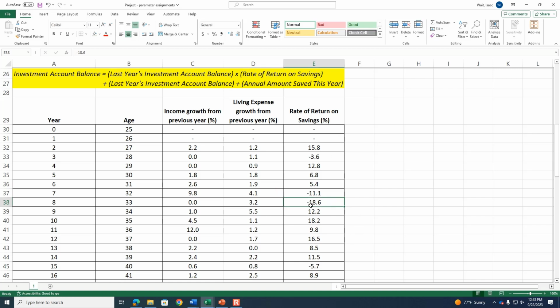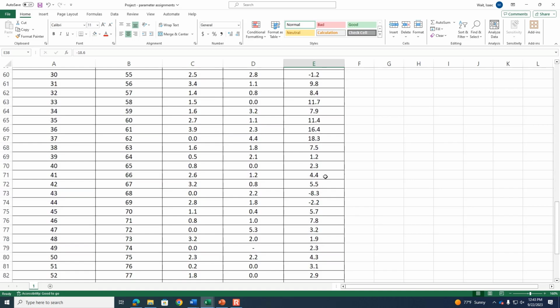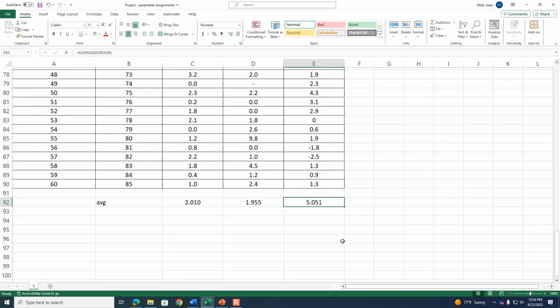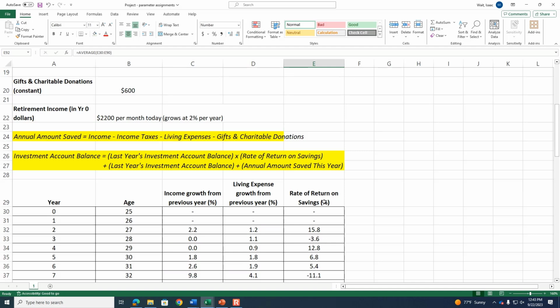So when the market goes down 18.6%, even though you put money into the account, the overall account value may decrease if the rate of return on savings is negative. But that's painful. When you look at your retirement account and it's less than it was last year, even though you've been putting money in every month, that sometimes happens during economic recessions. And that's what this kind of simulates, is ups and downs, but the overall average here would be, for this particular scenario, 5% rate of return for the savings.